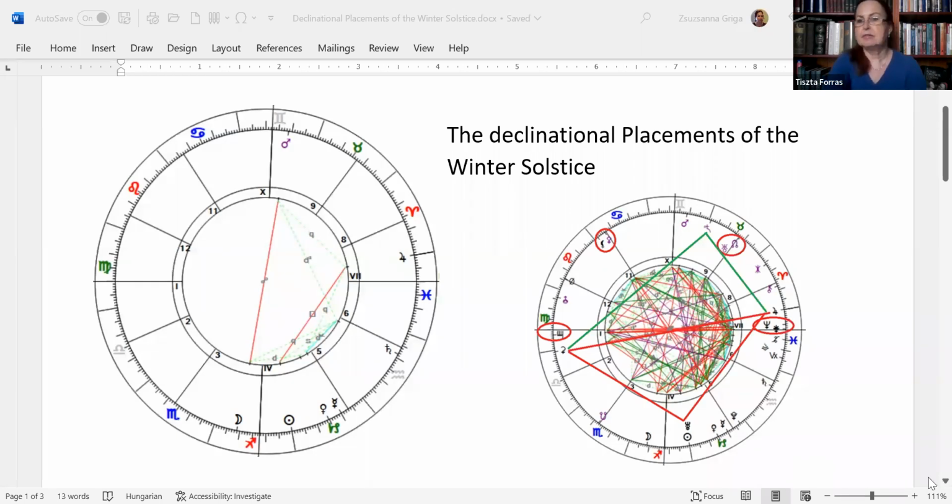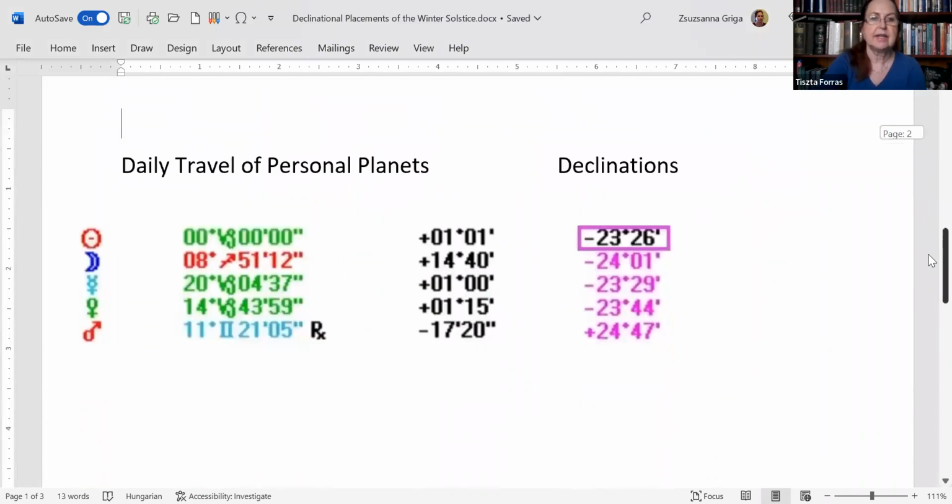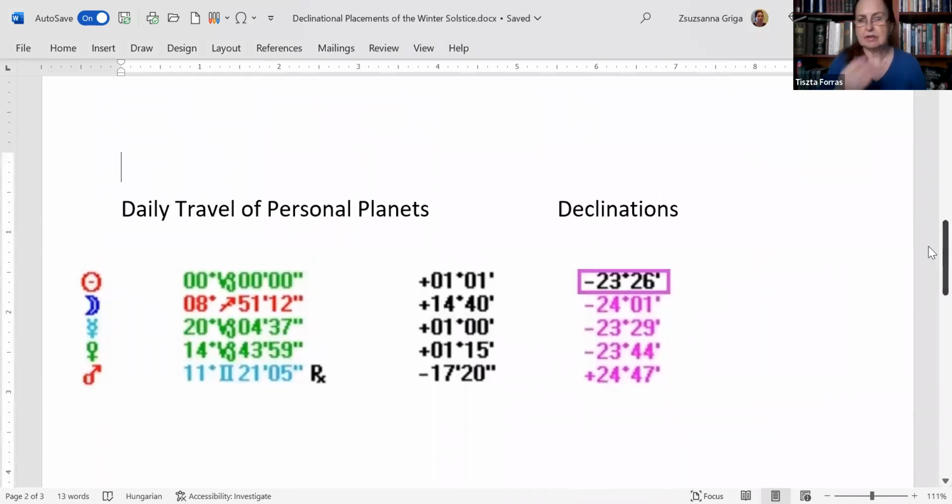And here are the travels. Okay, what do I do here? Sorry, can't see my mouse. Yes. So in this table, which I took from Solar Fire, you can see the astrological positions of these 5 personal planets.